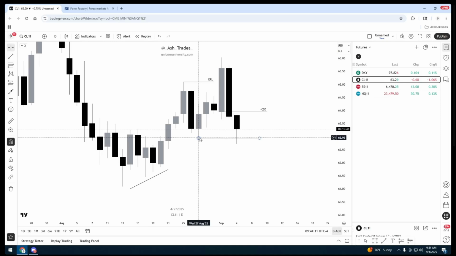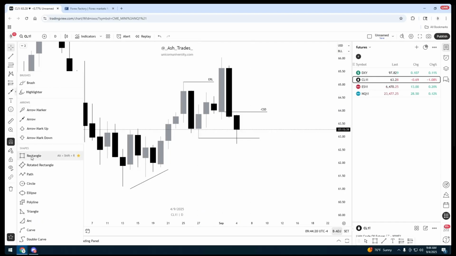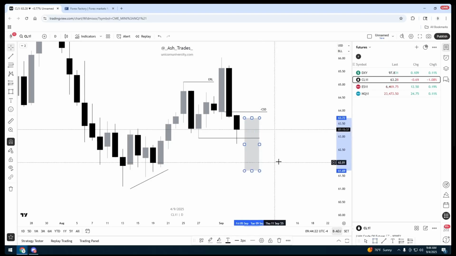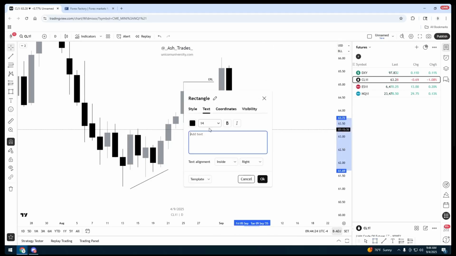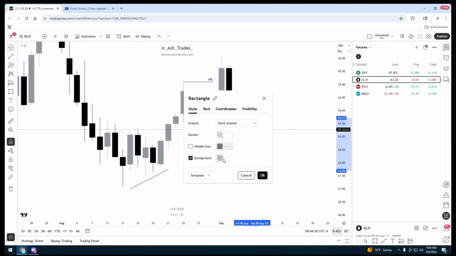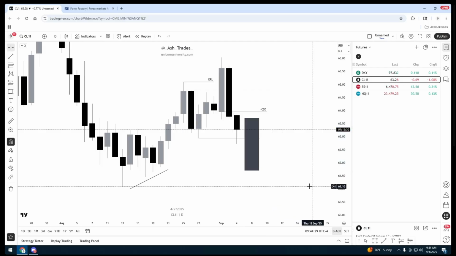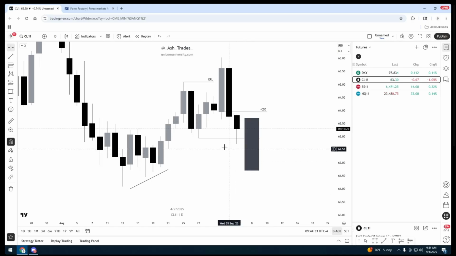So price got to the swing low. That would be a location you want to be bullish. But the difference here is, do we get this type of candle? A huge bearish candle that displaces lower.